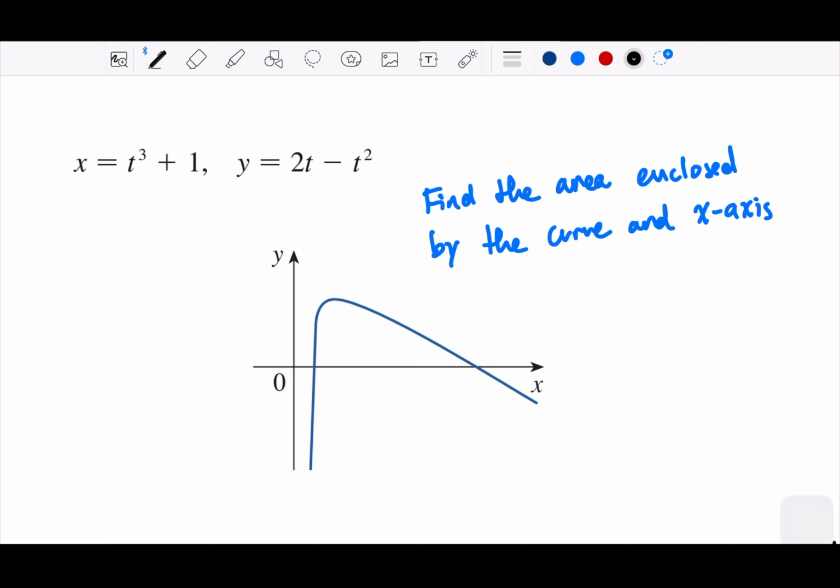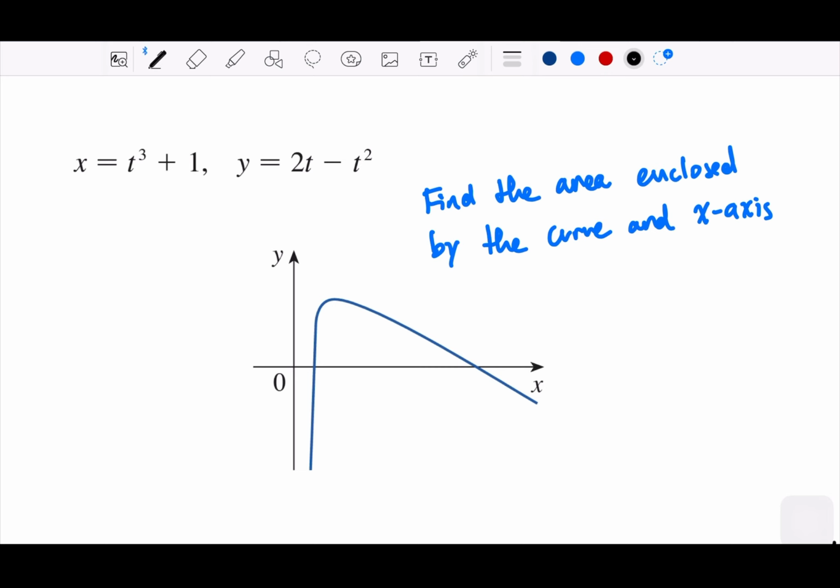So let's say we have this curve. The point here is on the x-axis, which means we could imagine what kind of point it is. So we take that into our x-axis, and from there we could switch to t.